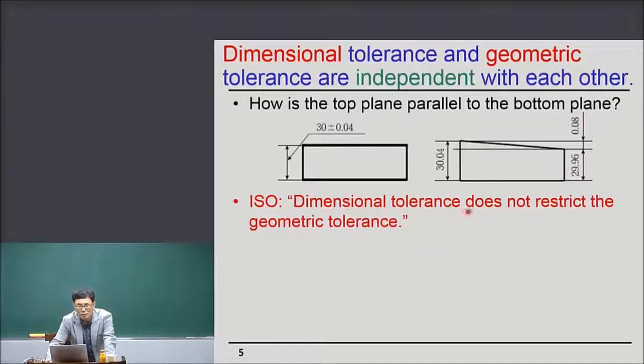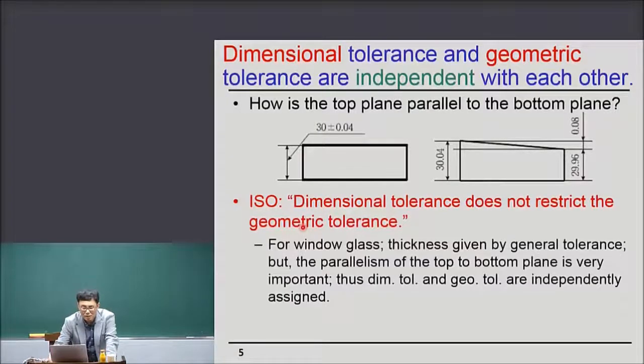There were many discussions on this, but finally the ISO claimed that dimensional tolerance does not restrict the geometric tolerance. Both are independent of each other. For example, the thickness of window glass may be given by general tolerance. The thickness is not a problem considering the function of window glass.